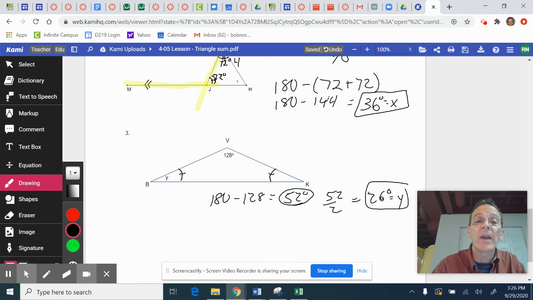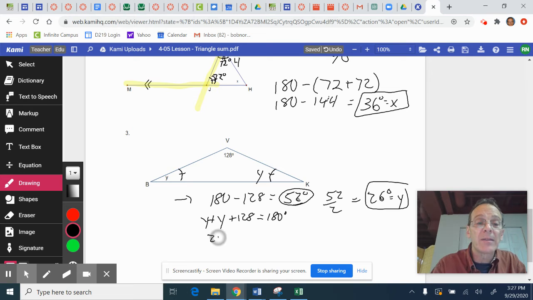Or here's another way that you might do this problem. My guess is most of you are going to do it this way. If this angle is called y, then we could call that angle y also, right? And now, if we add up the three angles, y plus y plus 128, that has to equal 180 total. Okay.